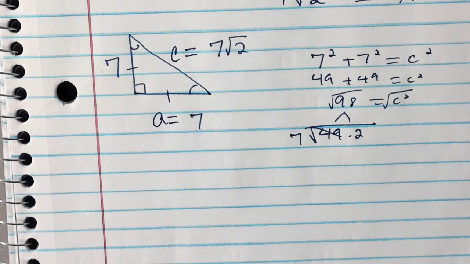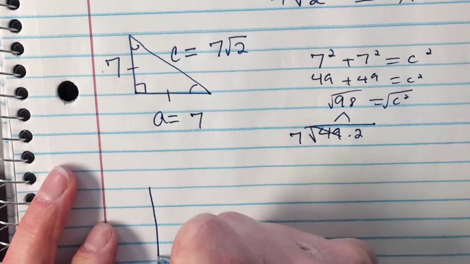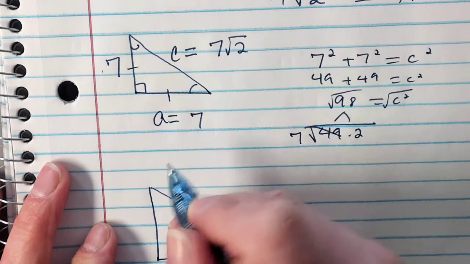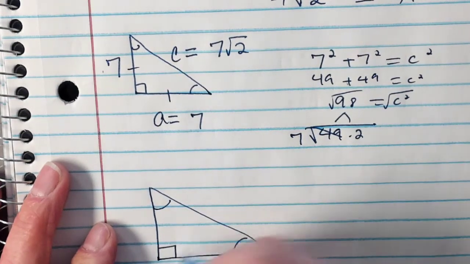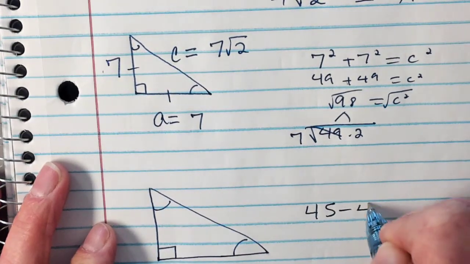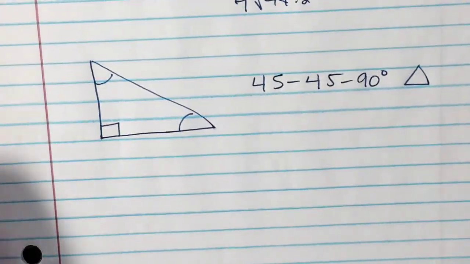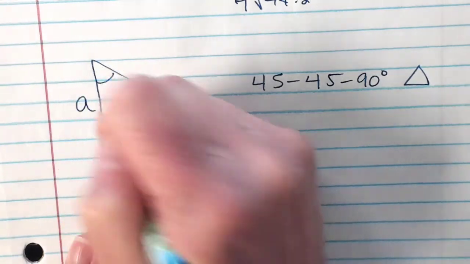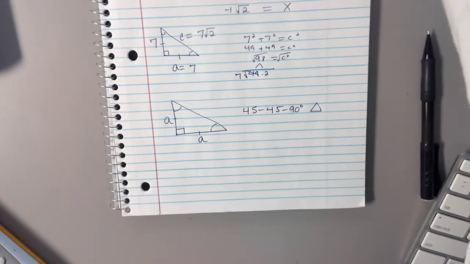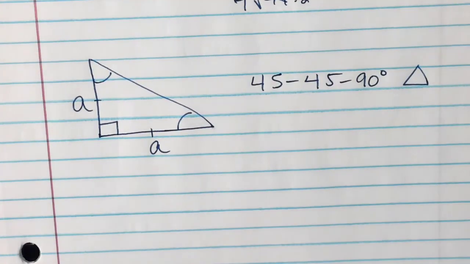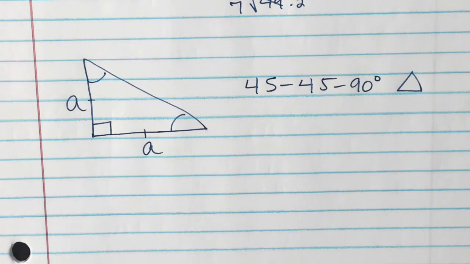So let's write that down generically. If we have a 45, 45, 90 triangle, the two legs are going to be the same because it has to be.